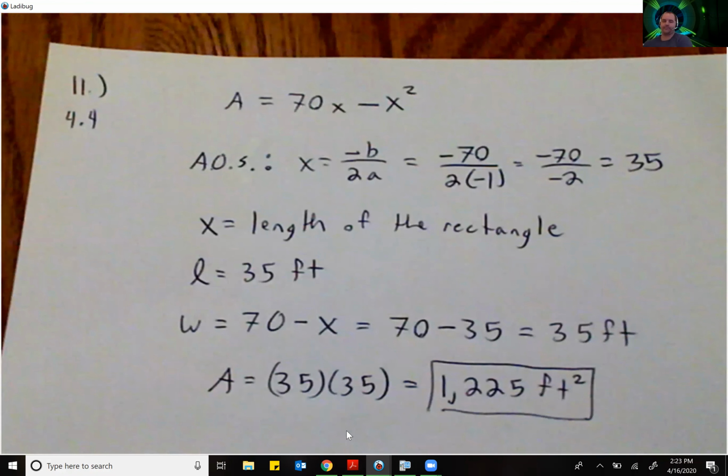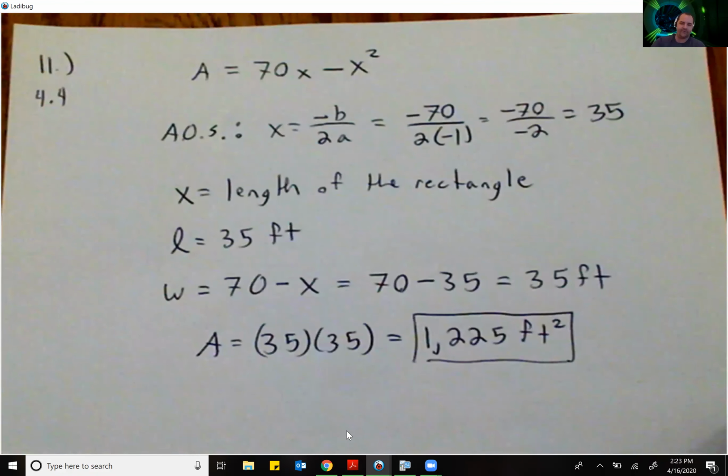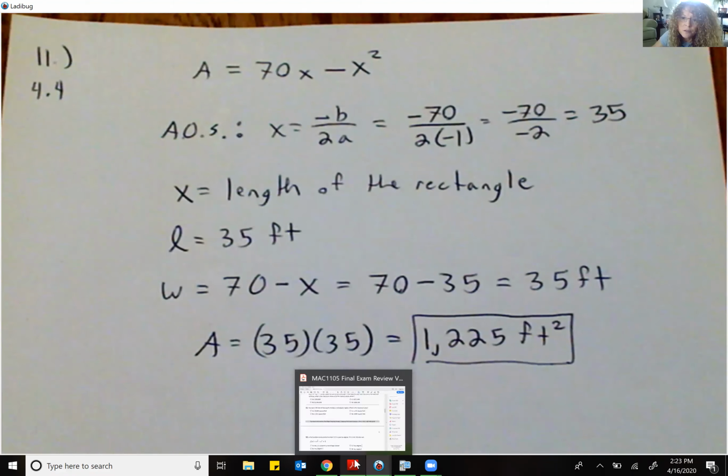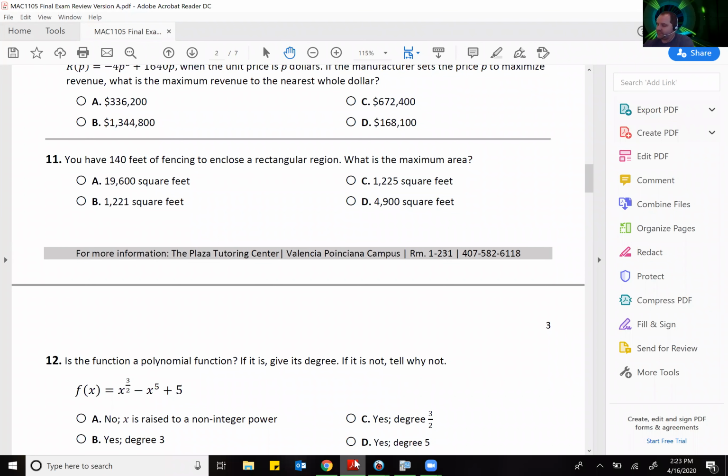How much was it? 1,225 feet squared. And that answer will be C.